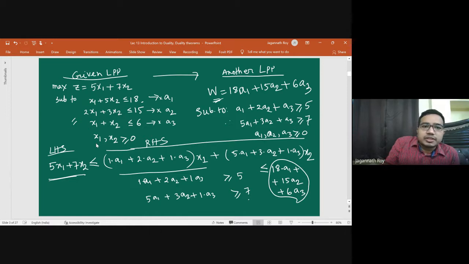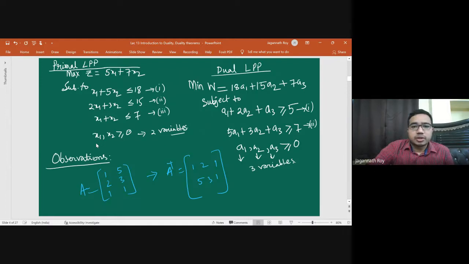From now onwards, the given problem will be called the primal LPP, and the problem that we obtain from this one will be called the dual LPP. Now some observations you can note.